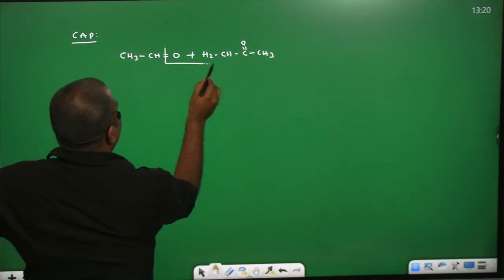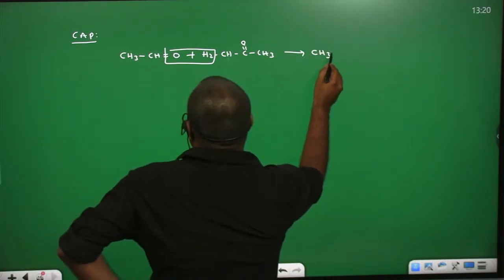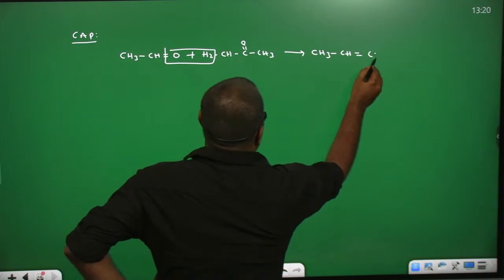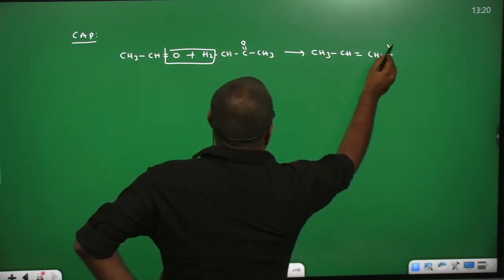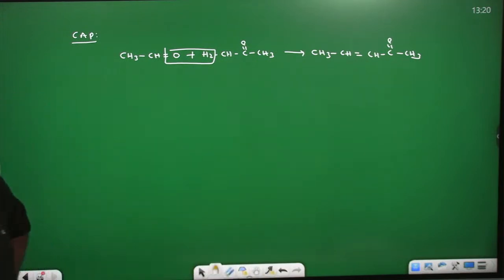You can remove H2O and form CH3, CH, double bond CH, C double bond O, CH3. This is the first crossed aldol product.